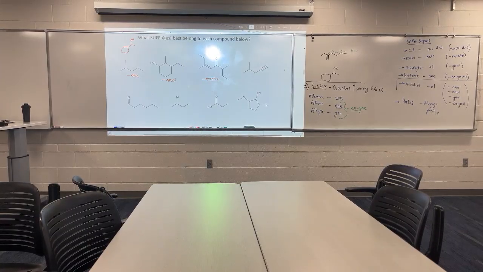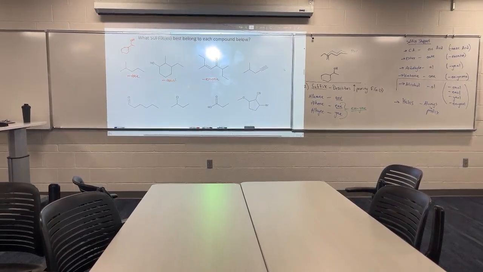It's not carbon-carbon double bonds. But actually, these two are higher priority than this. So if either of these are present, their suffixes go up. But if neither of these are present, then we have to change. So how do you know how to use alkane? If there are no functional groups.